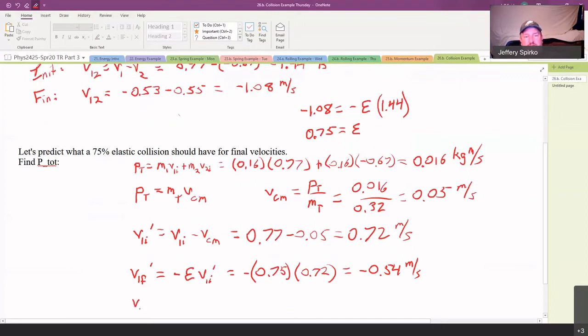So V1 final is equal to V1 final prime plus V center of mass. If you subtract the center of mass velocity to find the prime version, then you add the center of mass velocity to get rid of the prime mark. So then this is minus 0.54 plus 0.05, which is minus 0.49 meters per second.